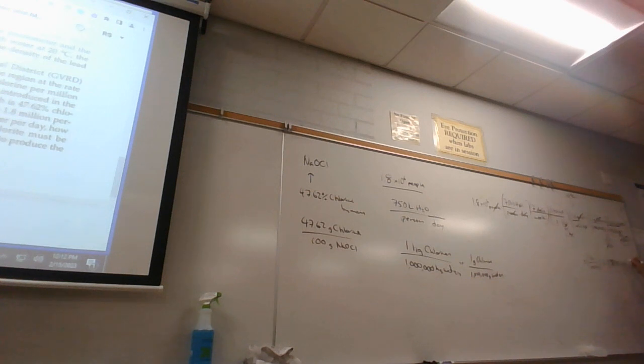That gives 1.9845 times 10 to the 4 kilograms of sodium hypochlorite. We're allowed 2 sig figs, so this rounds to 2.0 times 10 to the 4 kilograms. 20,000 kilograms of NaOCl.